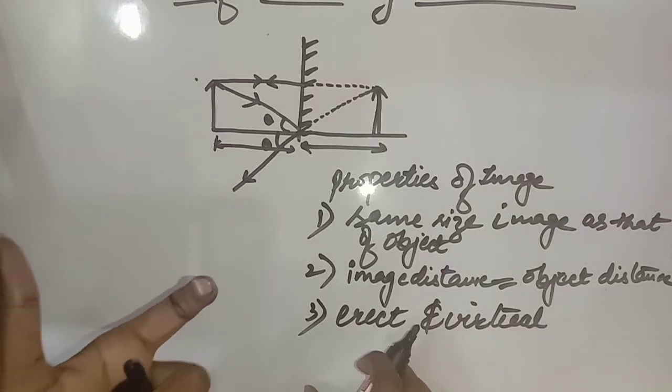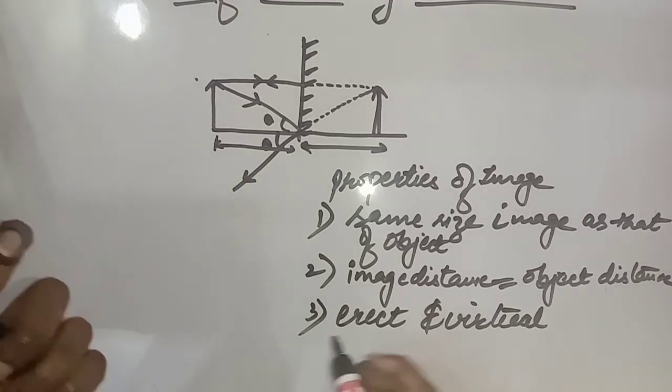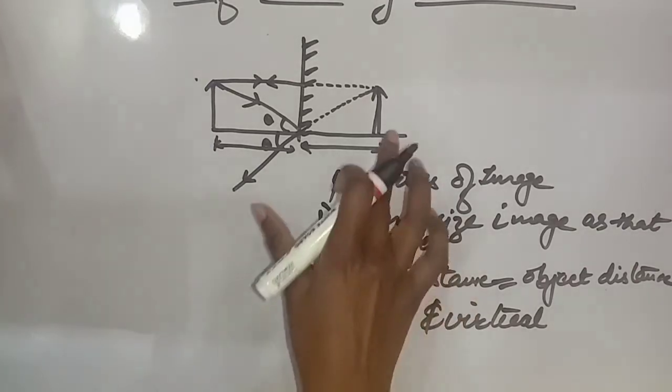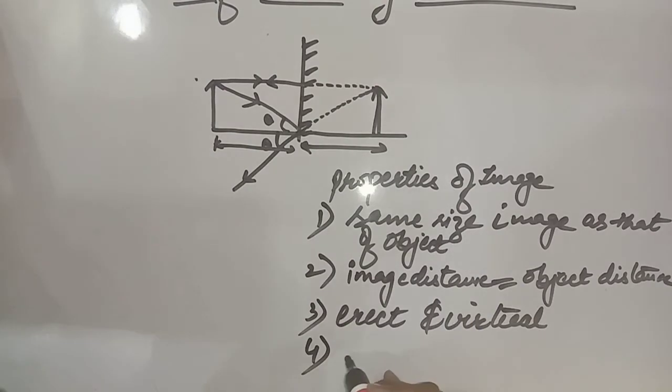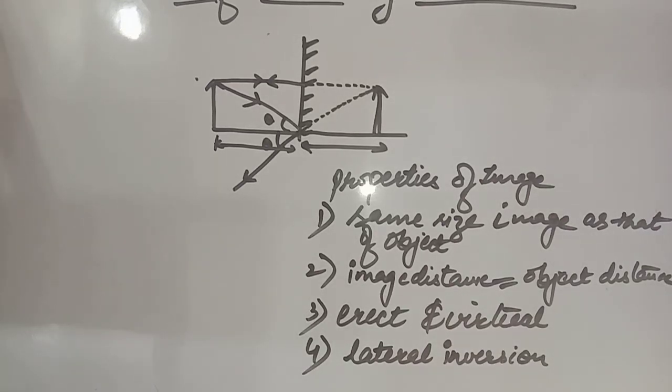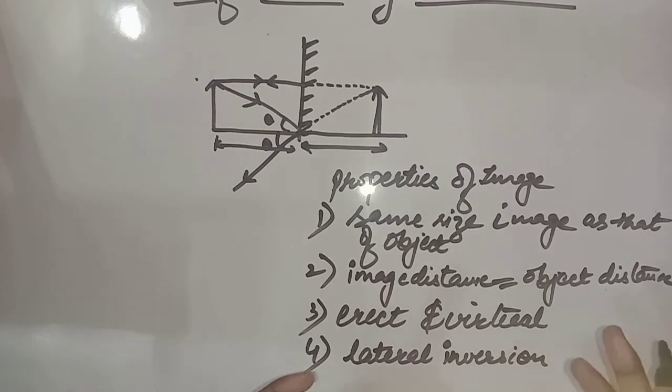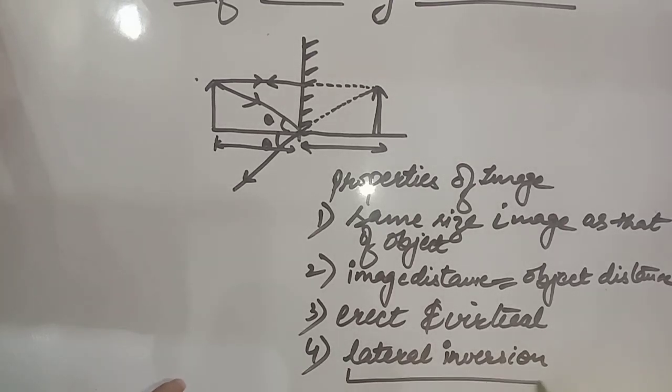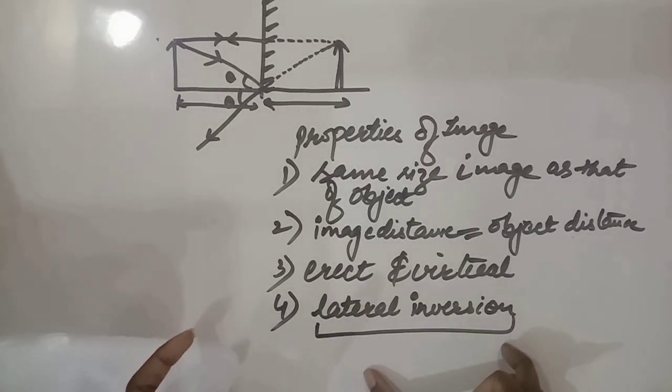Erect means seedhi, straight. This image will have lateral inversion. This image will be laterally inverted. And now what is lateral inversion? Lateral inversion is an effect which is produced by a plane mirror.